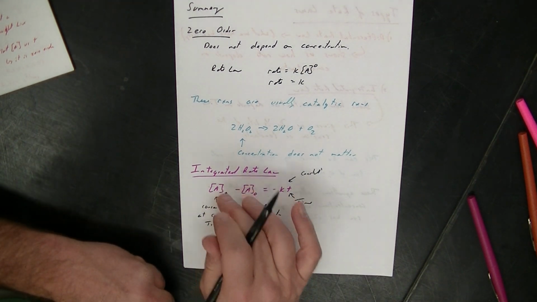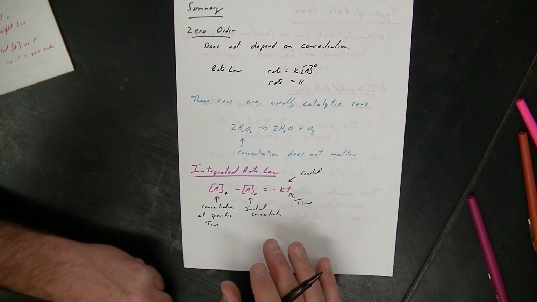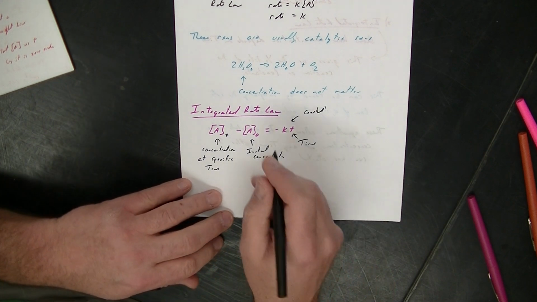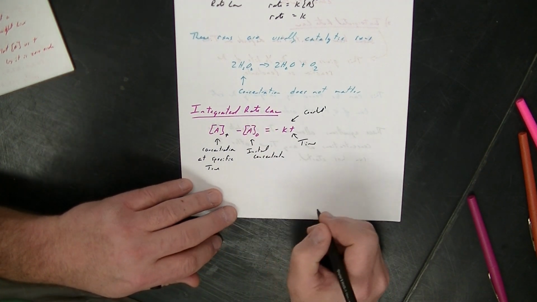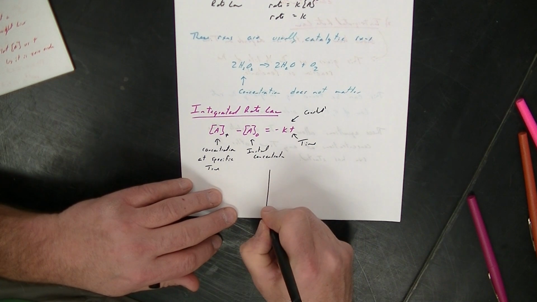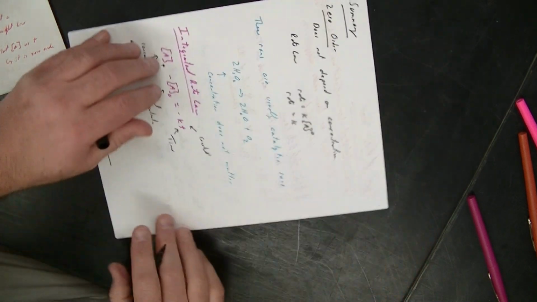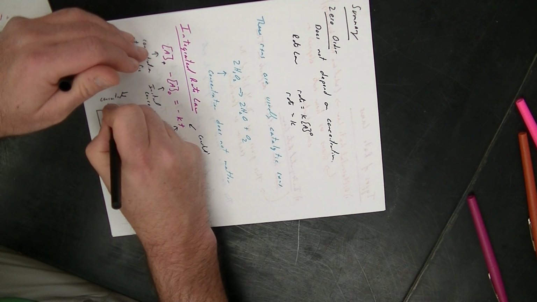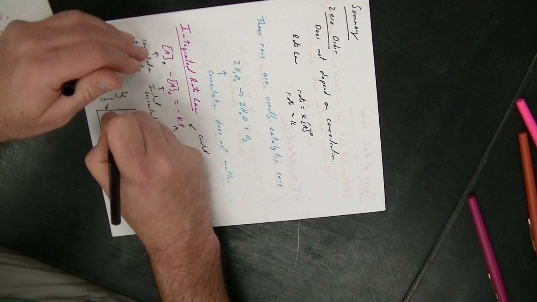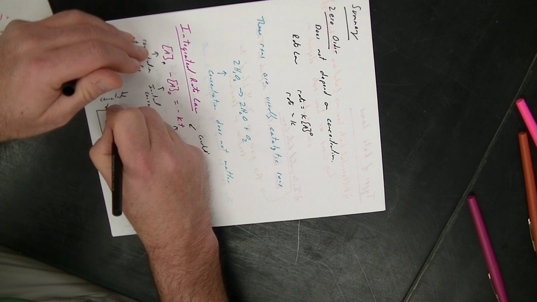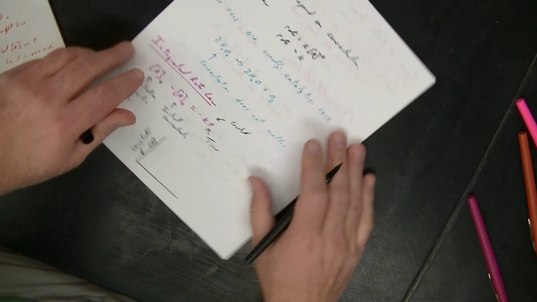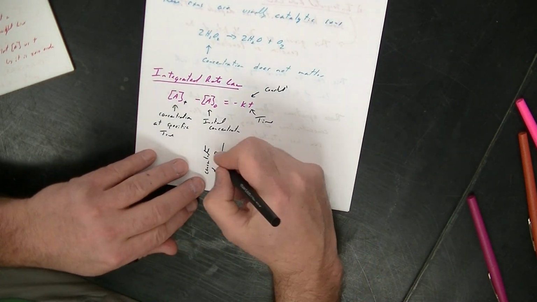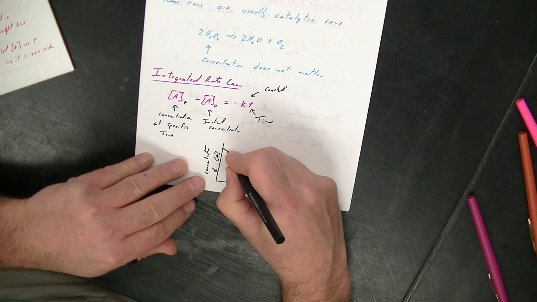Now, if we plot concentration versus time in a zero order reaction, we get this. And you need to know these graphs. So this is the concentration of A versus time, and in a zero order reaction, it's going to do something like this.